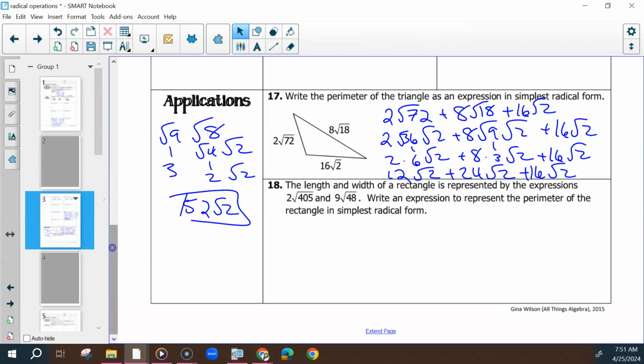I'm just going to put this in the calculator just so we can double check it, especially with your application problems like this, or when you have a lot going on, just to make sure you didn't lose any numbers. I would double check in the calculator.